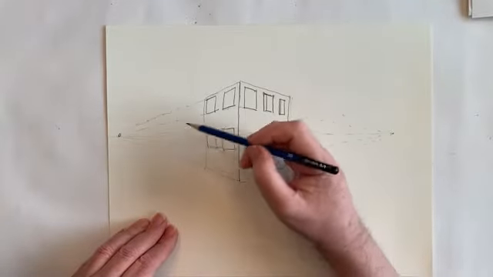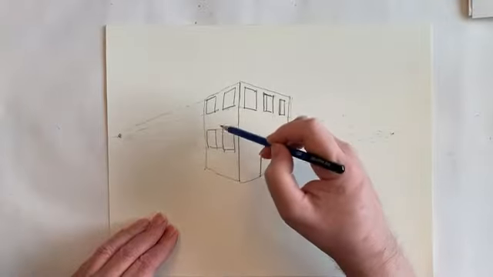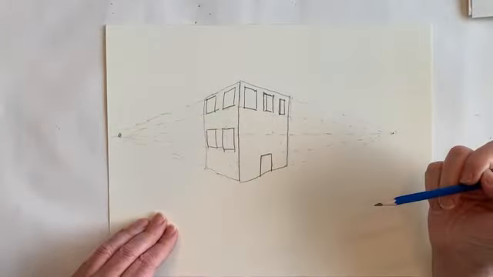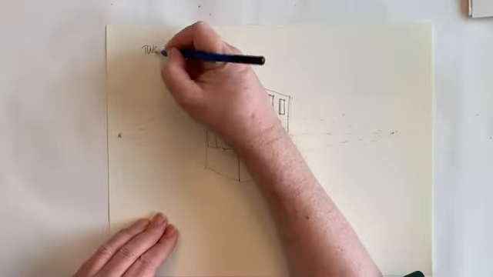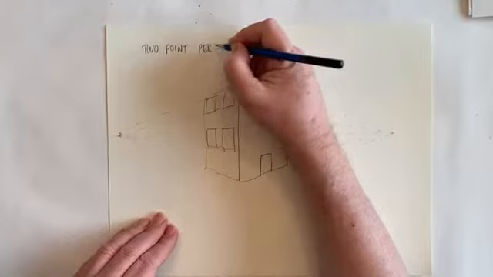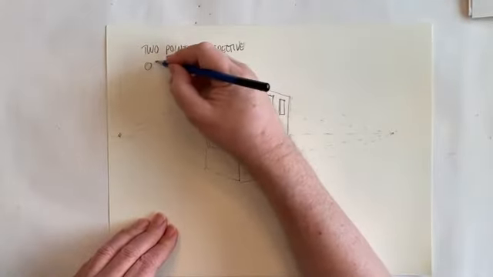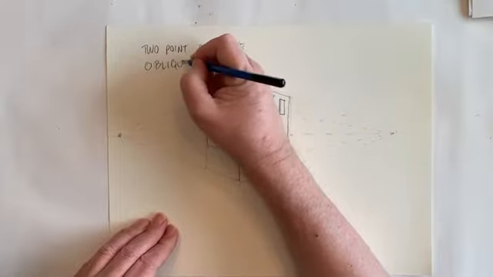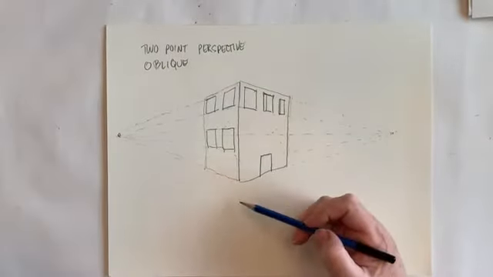It's a vanishing point on the same horizon line, but it's not the same vanishing point that this side is going to, which is why this is called two-point perspective. It's also sometimes called oblique perspective. Oblique means side. You're looking at the side of something.